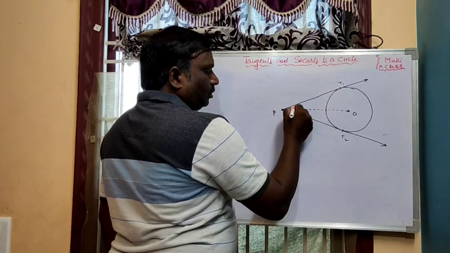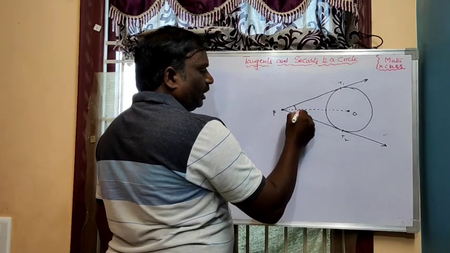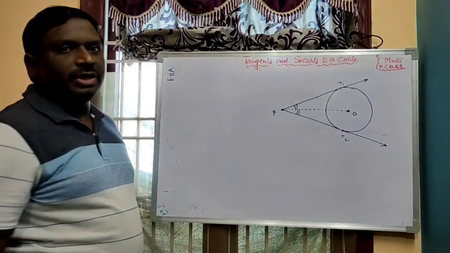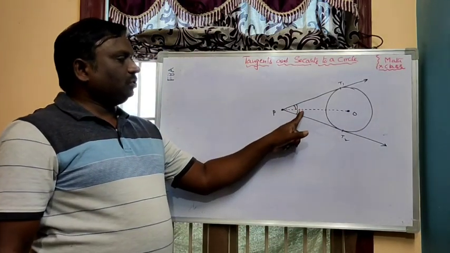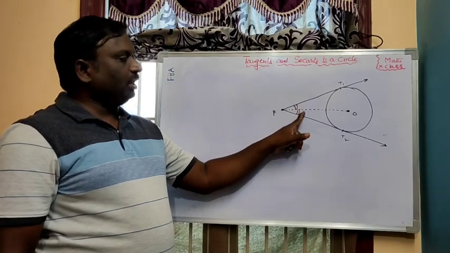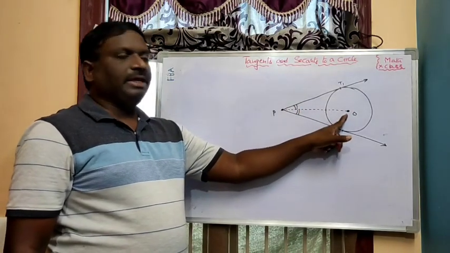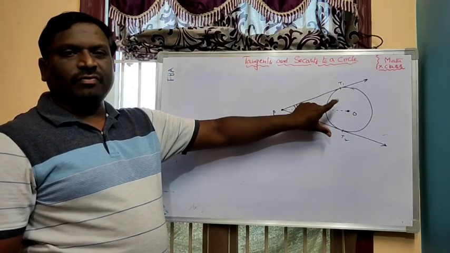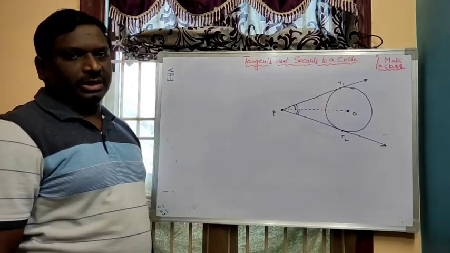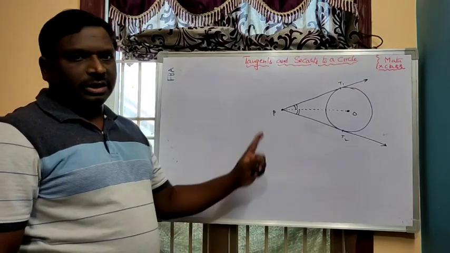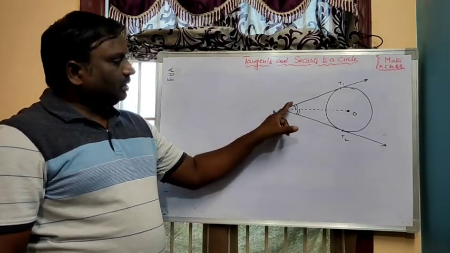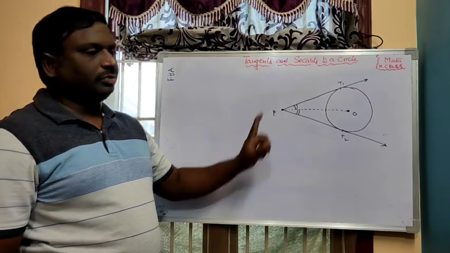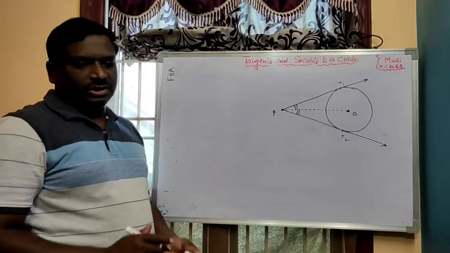So these two are bisected angles. That means these two angles are equal. From this statement we can conclude that these two angles are equal. Bisecting means these two angles are equal. That is the first statement, and that point we have to remember.